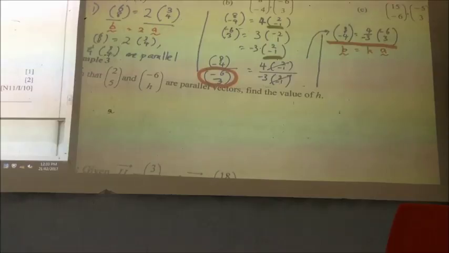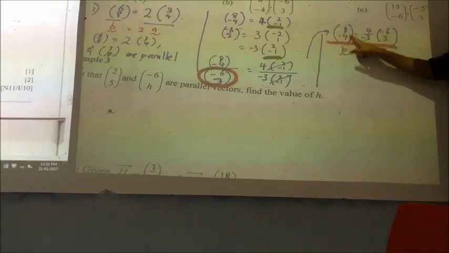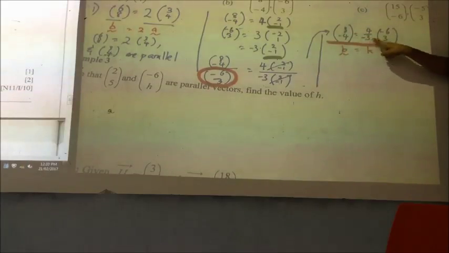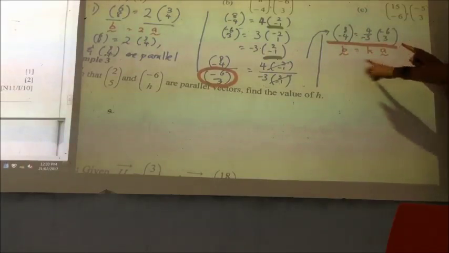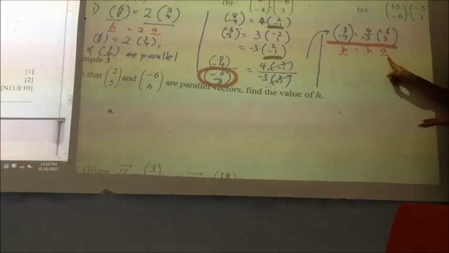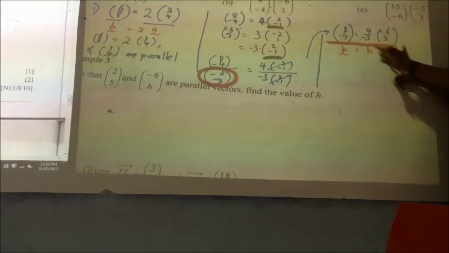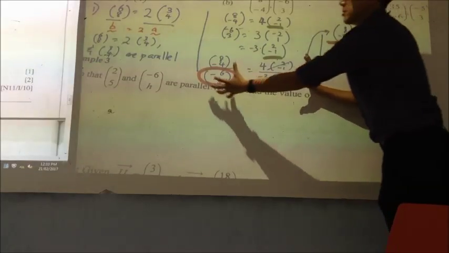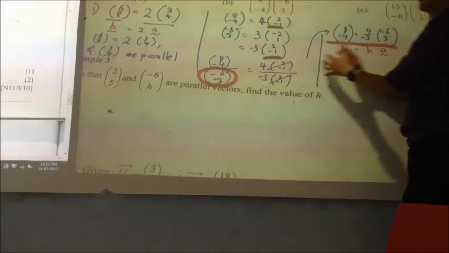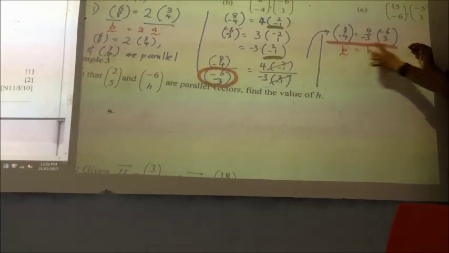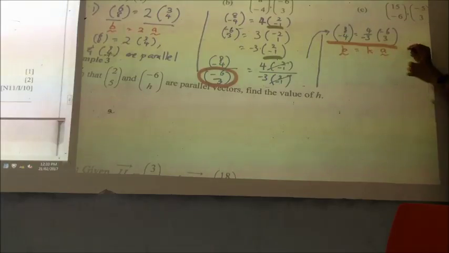But what I want you to write is, because your friend mentioned presentation, how do I present? Once I can write one vector as a number times another vector, what can I say about these two vectors? Parallel. Can you follow? So since I can write this, I can say this vector must be parallel to this vector.